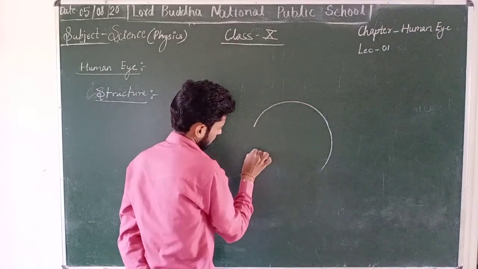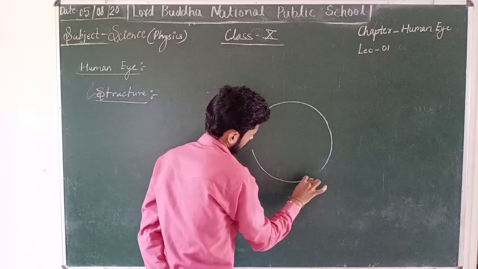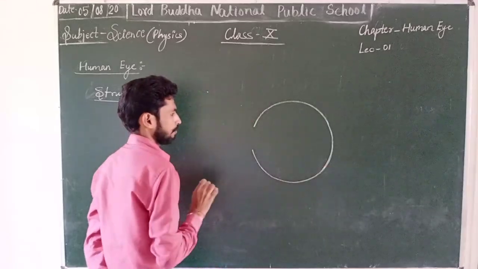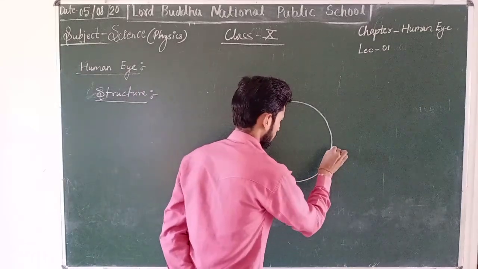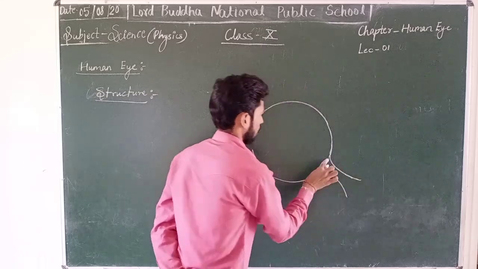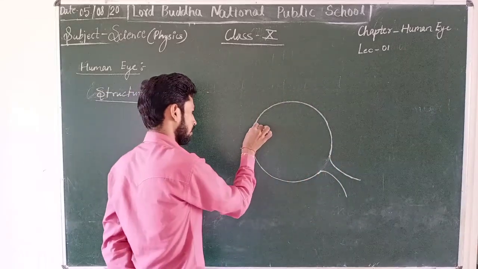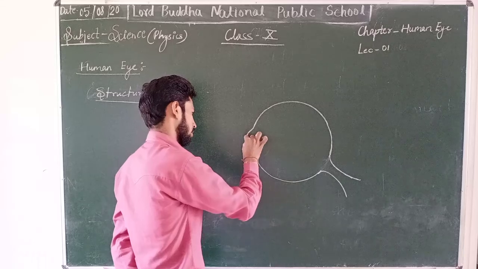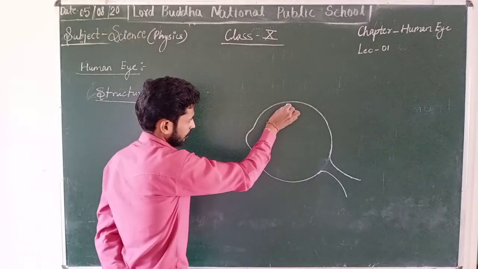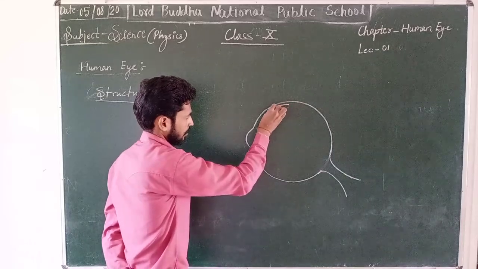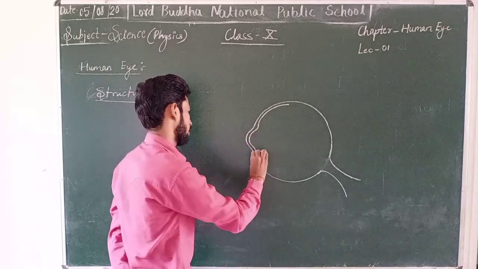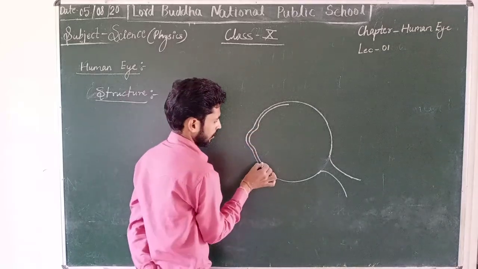Suppose that this is the outer layer of the human eye, and this outer layer in front of the lens, that is known as cornea.